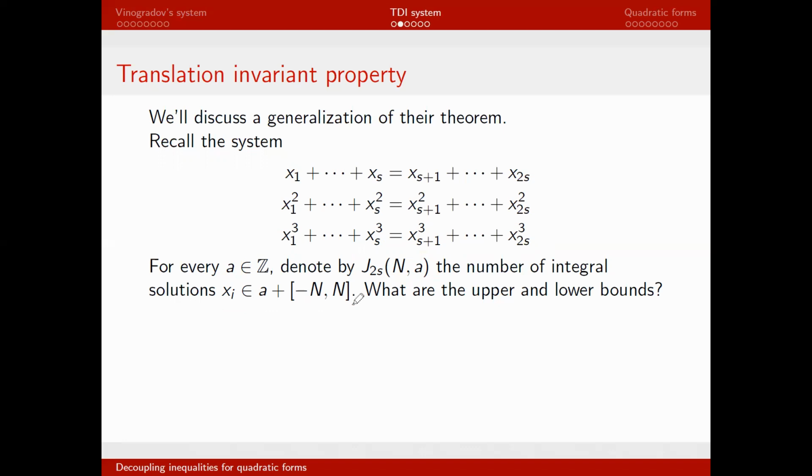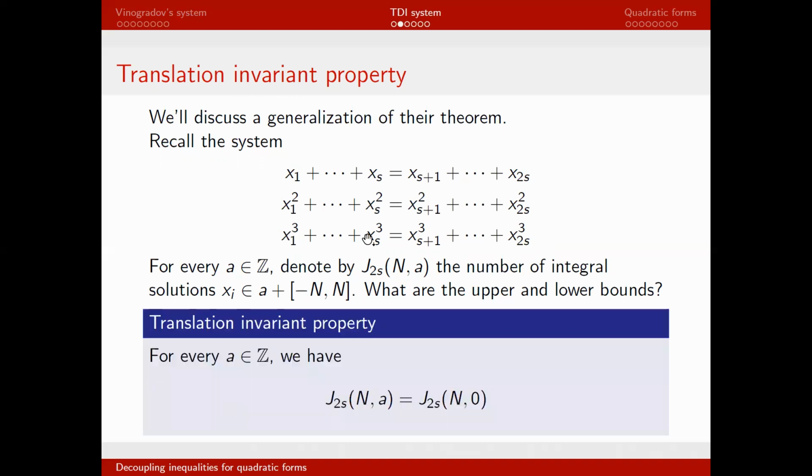Now we ask the same question, the lower and upper bounds of the number of integral solutions on this translated interval. It turns out that no matter what a is, the number of solutions is the same. So this quantity is independent of a, and we call it the translation-invariance property. Here is the proof.